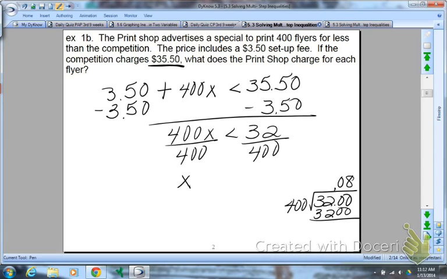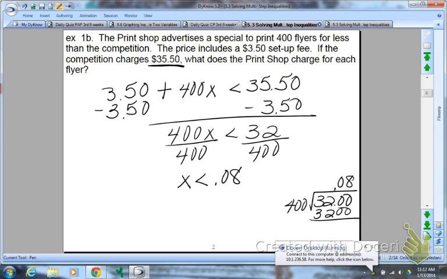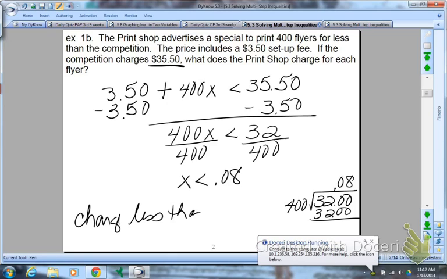So what does the competition charge? 8 cents. So we have to be less than 8 cents, don't we? So what could we charge? We could charge 7 cents. Okay, so we need to charge less than 8 cents a copy.